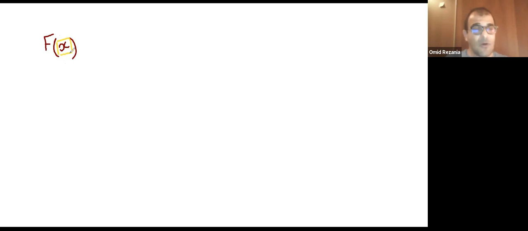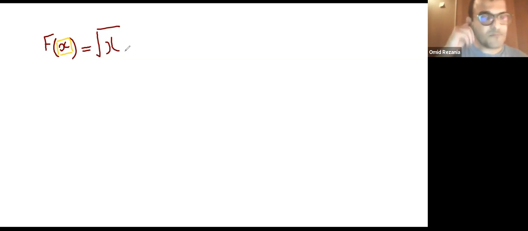That's why we call it a single variable function. A single variable function can take any arbitrary form, but sometimes subject to some restrictions. For example, you have seen the function square root of x.